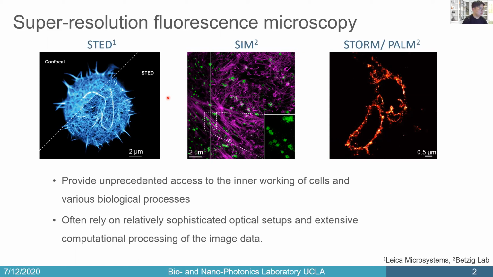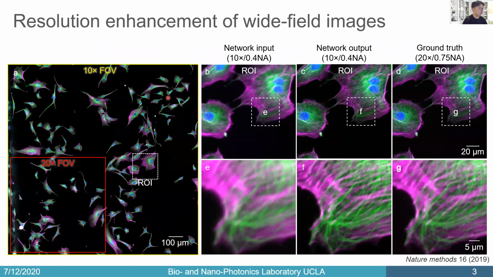So here we want to demonstrate a deep learning-based method that takes a single low-resolution image as input and enhances the resolution, to match the image quality that is captured from a more sophisticated setup. The first example is demonstrated with wide field imaging.